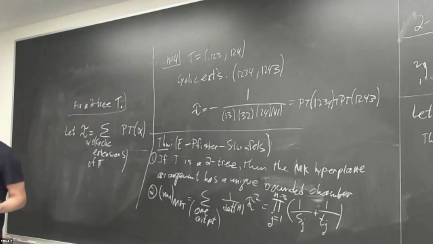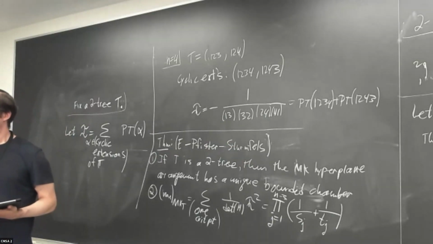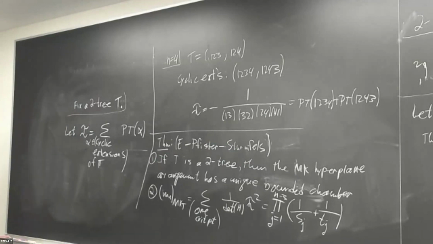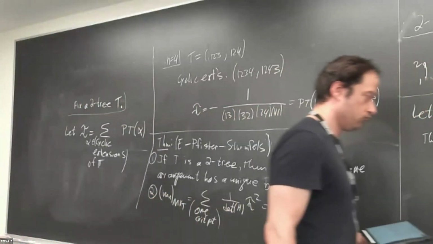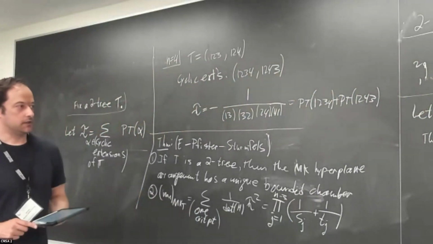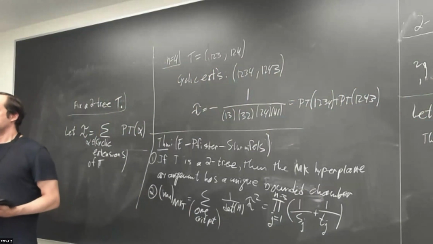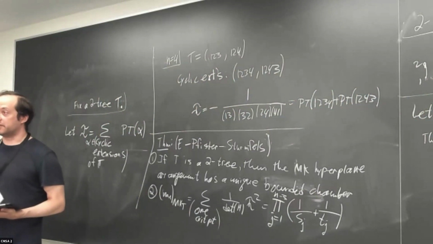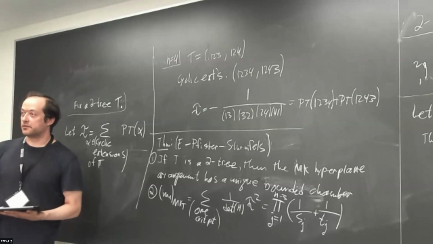So when you say critical point, it's not necessarily a minimum or maximum. Can it be like a saddle point? Good question. There is an explicit expression for it as a rational function. I'd have to think about the nature of the critical point.